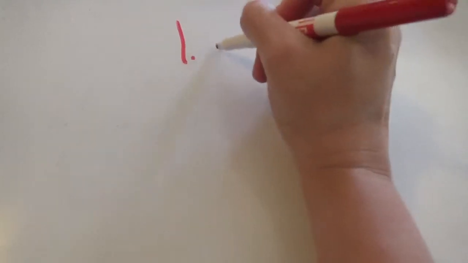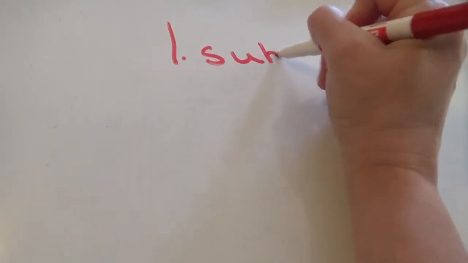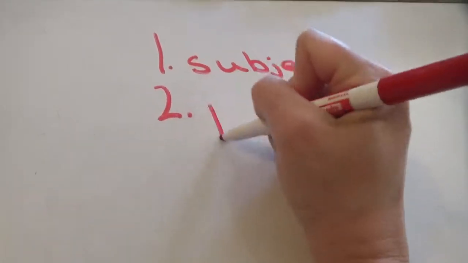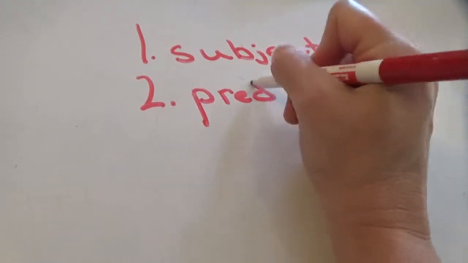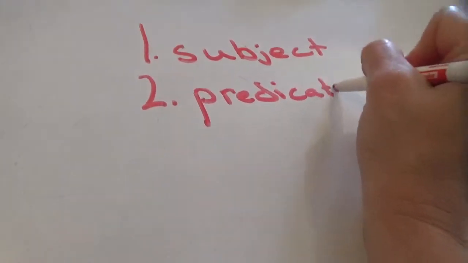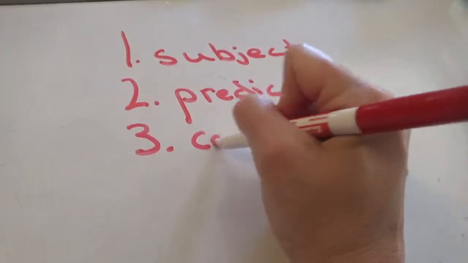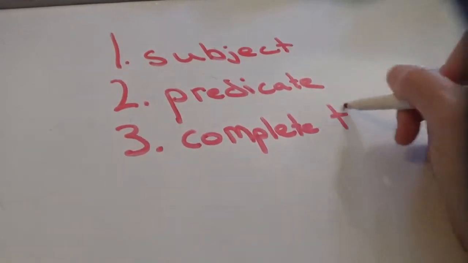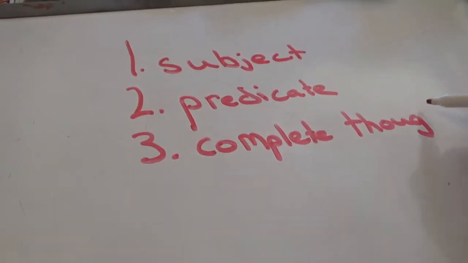All right, so now let's move on. We're going to review a little bit about what makes a complete sentence. A complete sentence, remember, has to have a subject, it has to have a predicate, and it has to express a complete thought.